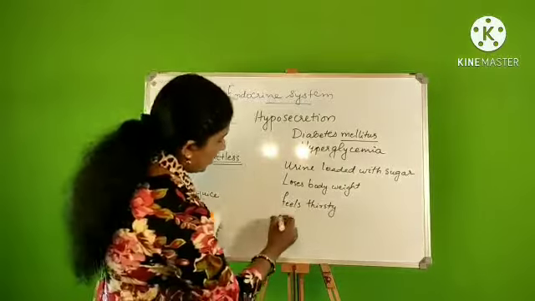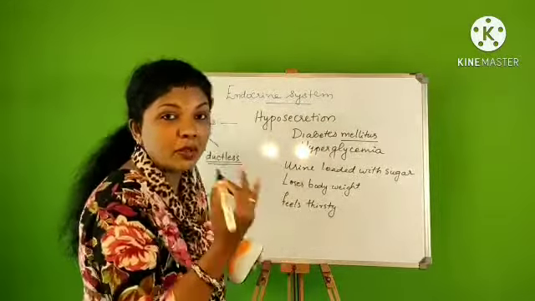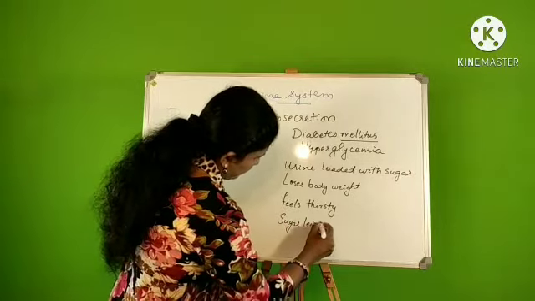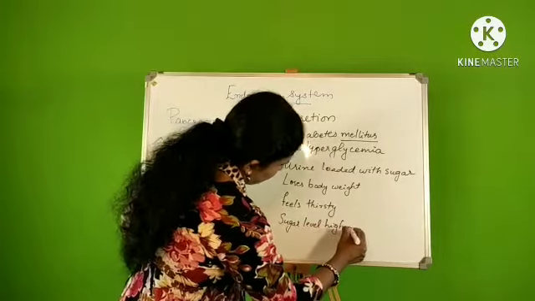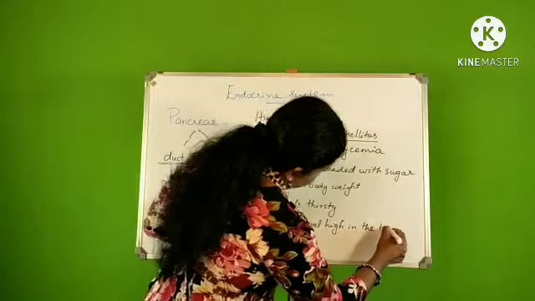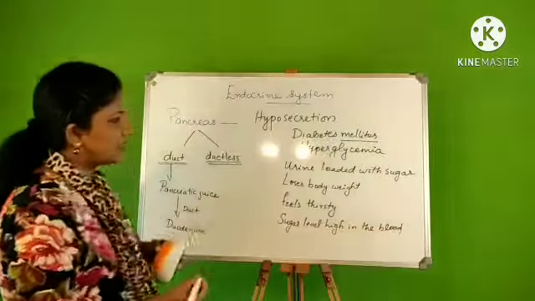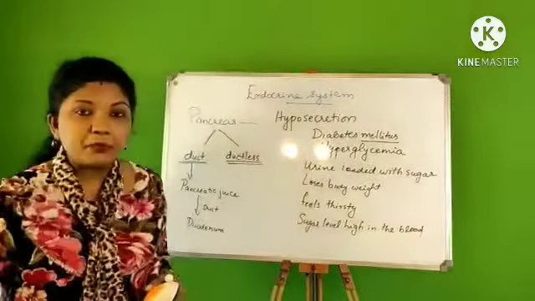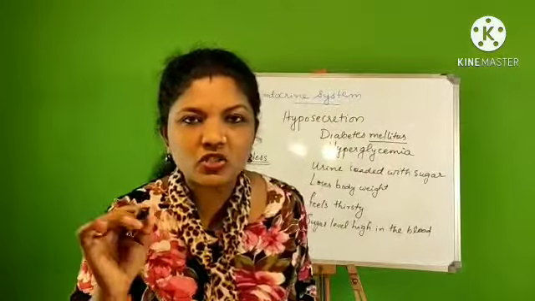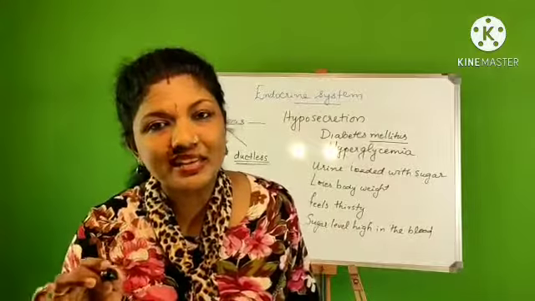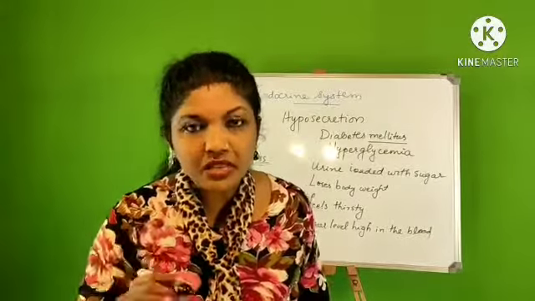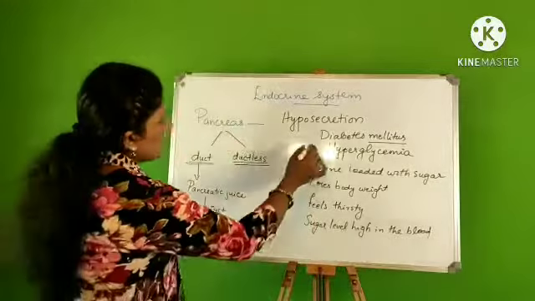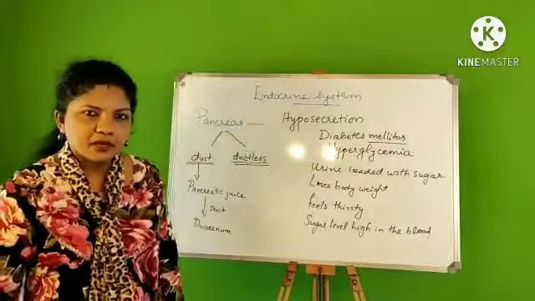Then usually their blood will have more sugar, so the sugar level will be high in the blood. All these are the symptoms of diabetes mellitus or hyperglycemia, which is caused because of hyposecretion of insulin, that means undersecretion of insulin. So that is about diabetes mellitus.